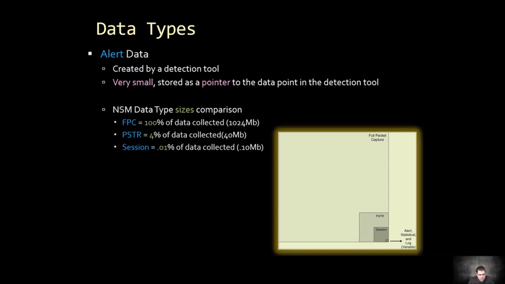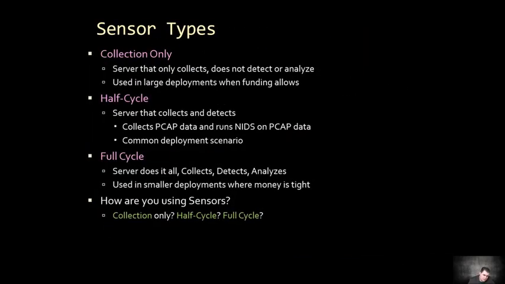And all of this data is connected by something called sensors, and the sensors usually can be categorized in 3 classes: collection only, something that just collects the data and stores it; half cycle, which means it has some capability of doing detection of some traffic; and full cycle, which means it does collection, detection, and analysis, which is usually a bigger device, more costly to operate and so on, but has full operation. Even from the collection only, we can benefit by getting the part of the data that we are really looking for.